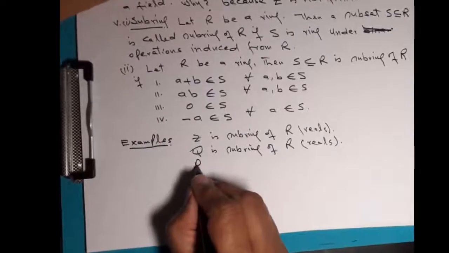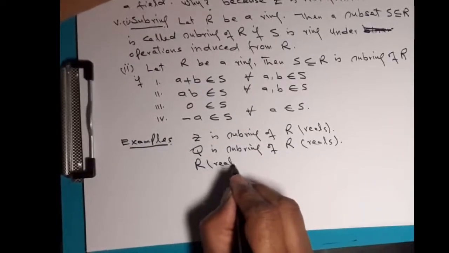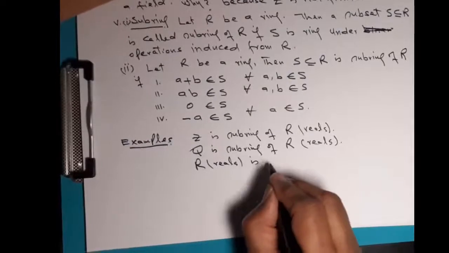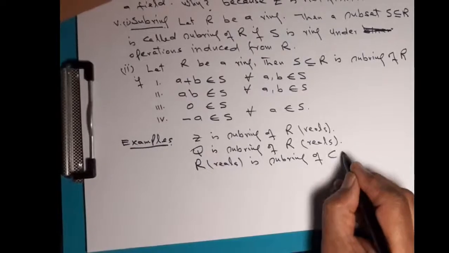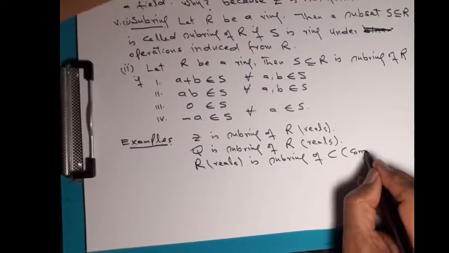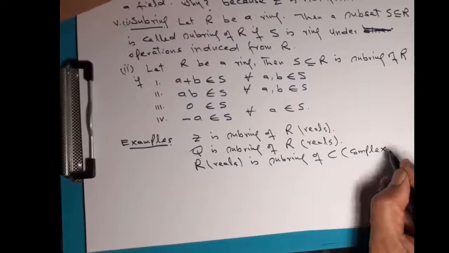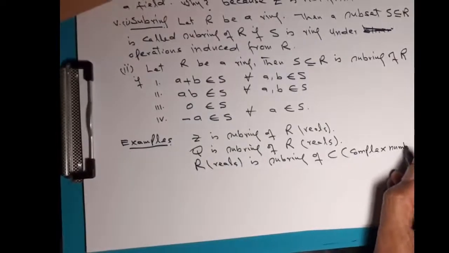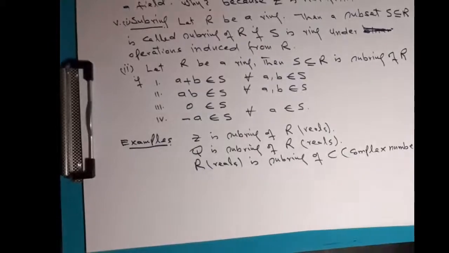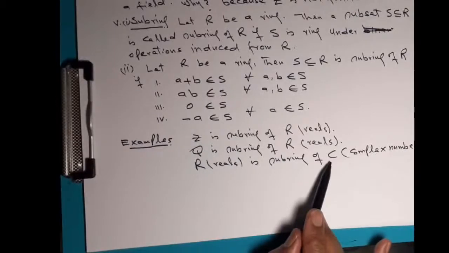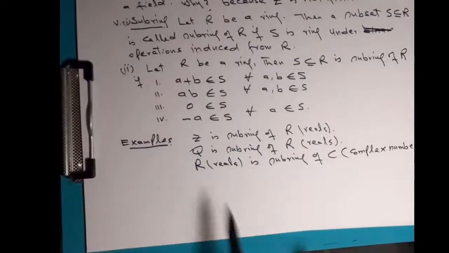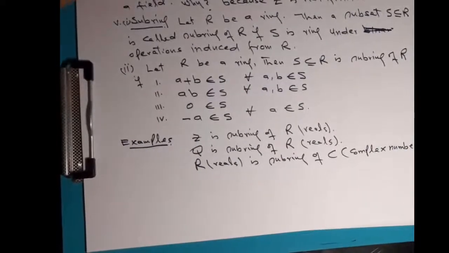Similarly, the ring of reals is a subring of C, the ring of complex numbers. So Z is a subring of R, Q is a subring of R, R is a subring of C, and you can see that Z is also a subring of C, and Q is a subring of C. You can conclude these things on your own.